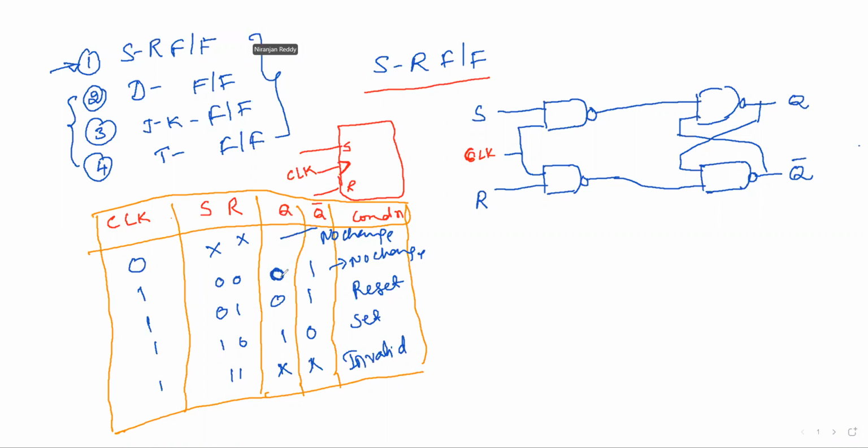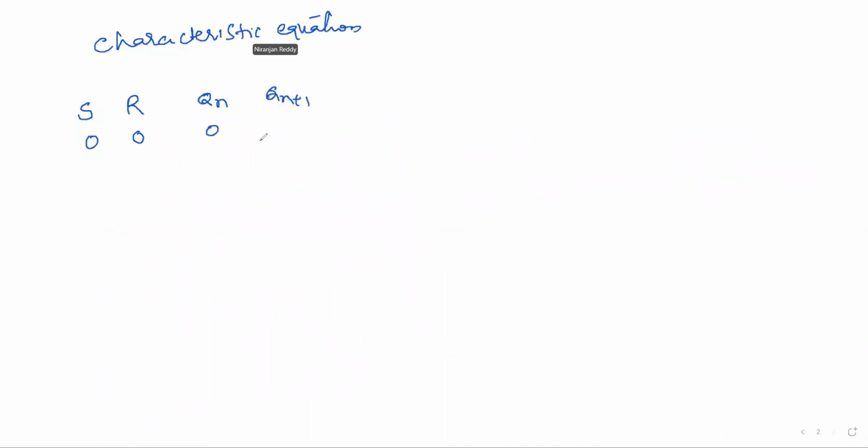So what you consider is 0 and what you are getting is also 0. Suppose if I consider Qn is equal to 1, then again it is going to be 1 only. So if I consider Qn is equal to 0, Qn plus 1 is also 0 for SR 0 0. Now let us consider Qn is equal to 1. Qn plus 1 is also 1.